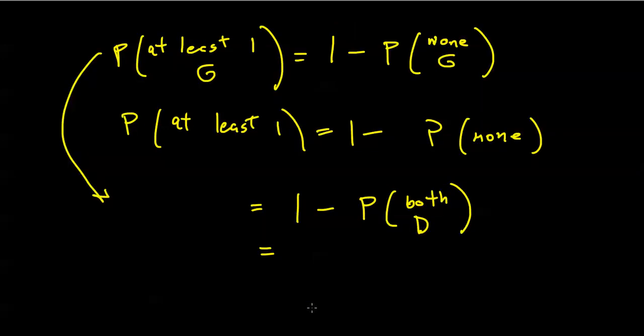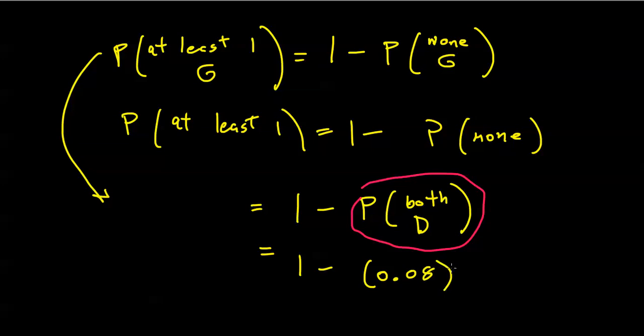And again, I'll invoke the multiplication rule. The probability that both are bad, well, it's the probability that the first is bad times the probability that the second is bad. Well, the probability that the first one is bad is 0.08 times the probability that the second is bad. Well, that's also 0.08, so I'll equivalently just raise that 0.08 to the second power.